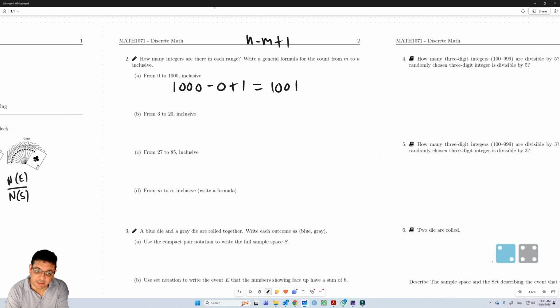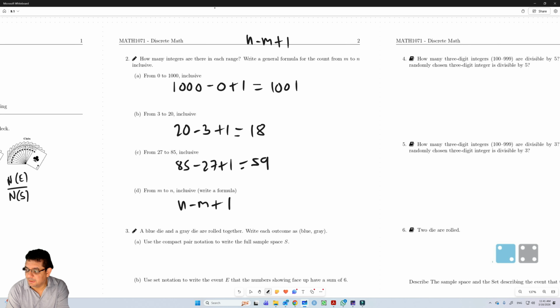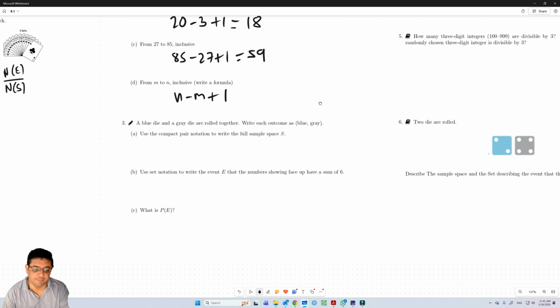Now from 3 to 20 inclusive will be, once again, 20 minus 3 plus 1, which is 18 integers. Now from 27 to 85 inclusive, same thing, 85 minus 27 plus 1, this is going to be 59. From m to n inclusive, then n minus m plus 1, and that's it. We'll be using this later to calculate some probabilities of specific numbers in a range. For now, this is just practice.